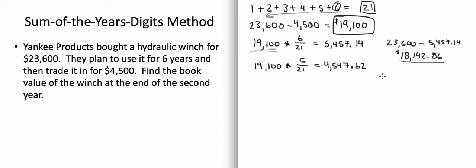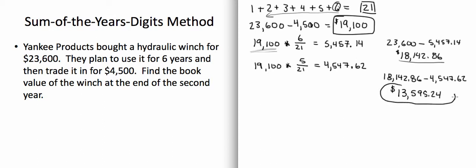So then we take our new book value, 18,142.86, and we subtract 4,547.62, and that's going to give us an answer of 13,595.24. And this is the value at the end of the second year, what we're looking for.